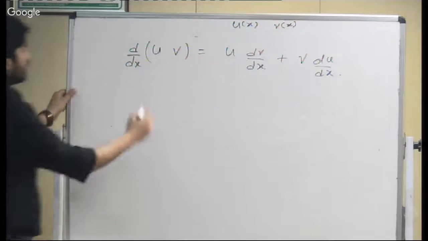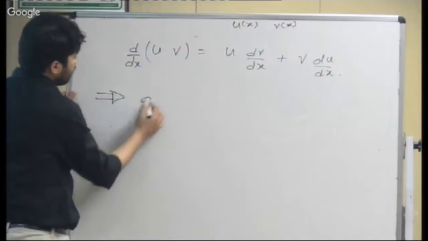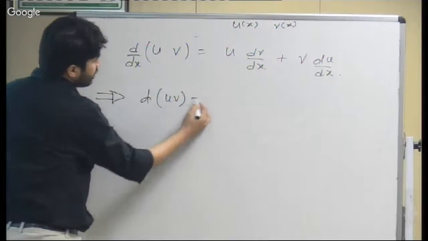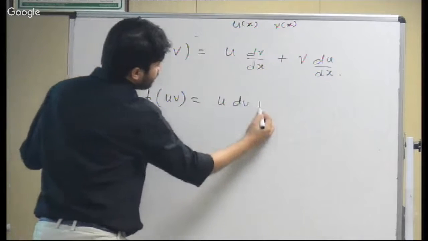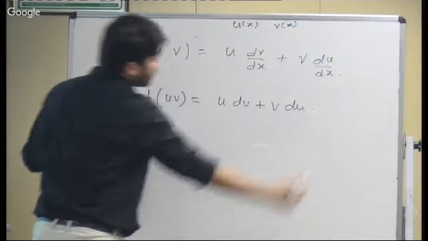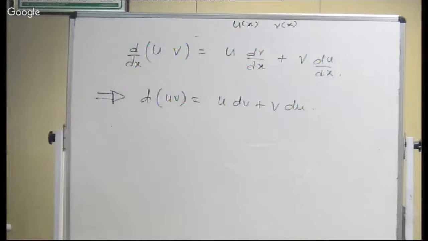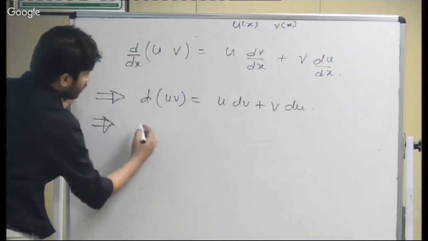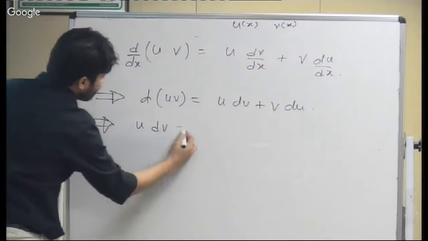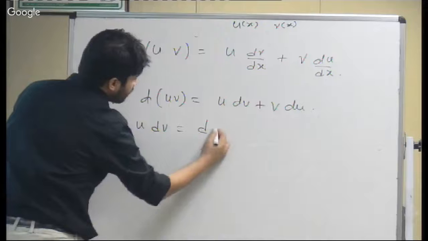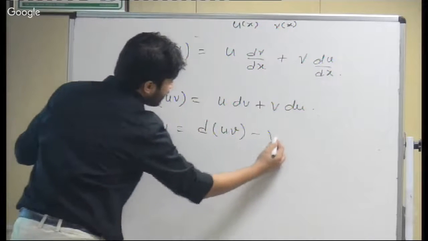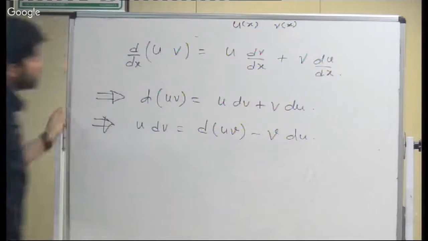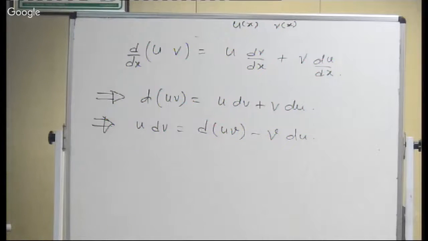So we can say that d of uv is equal to u dv plus v du, and then u dv is equal to d of uv minus v du. Can we say this?